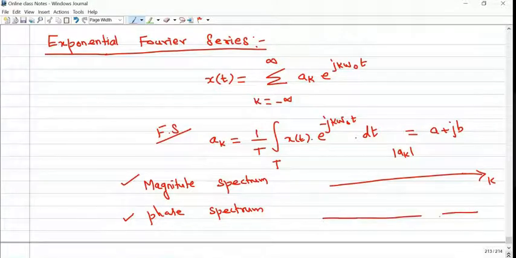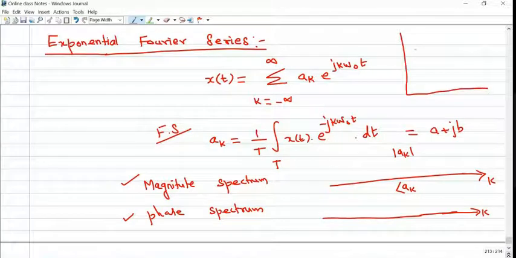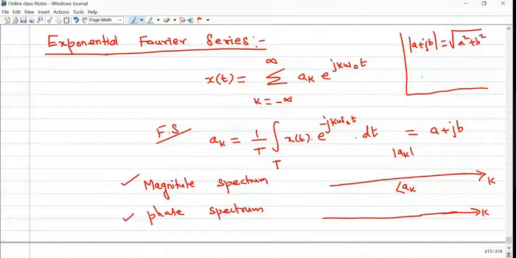To draw the phase spectrum, k versus angle of ak. Substitute k equal to 0, 1, 2, 3, and so on. For each and every value of k, we have to calculate the angle of ak. So what is the formula for angle? Magnitude of a complex number is root of A square plus B square. Angle of a complex number is tan inverse of B by A.